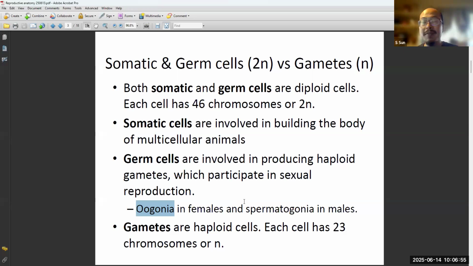But in the male, sperm can keep on being produced because we still have the spermatogonia to produce that. So those are the three major types of cells based on their chromosome amount.